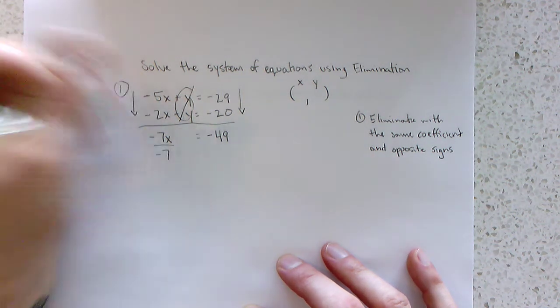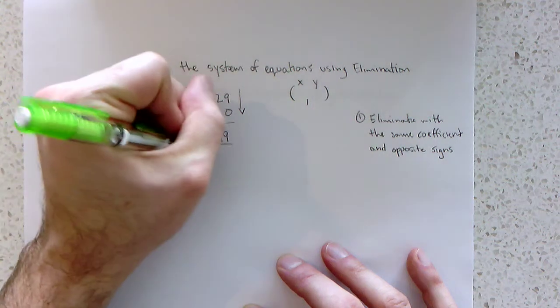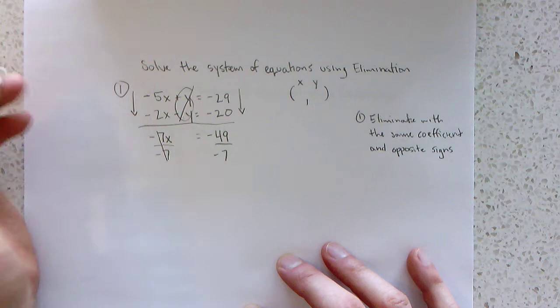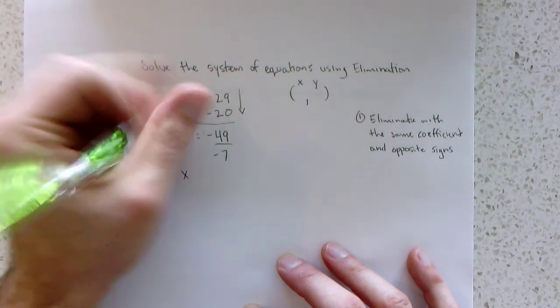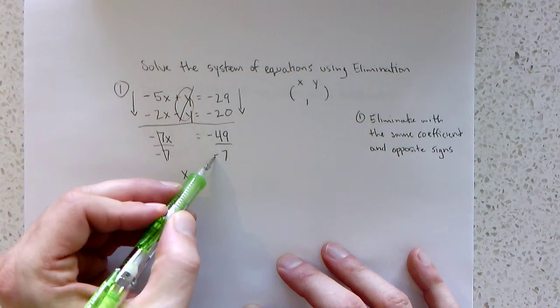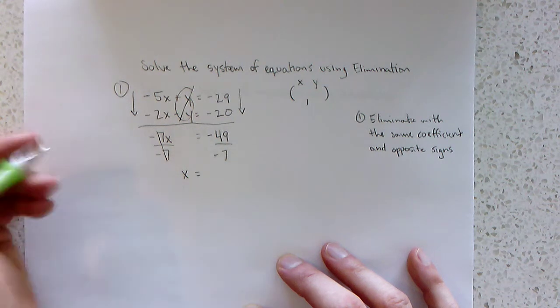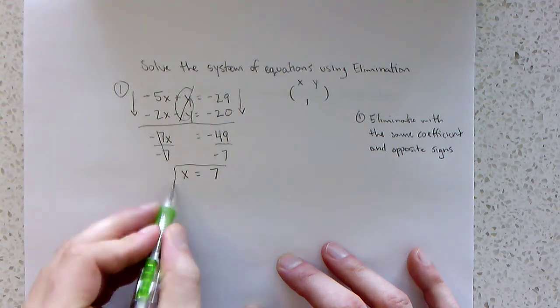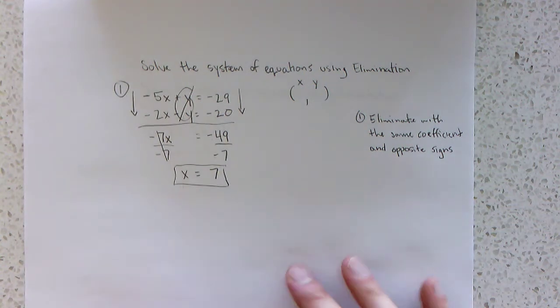So I'm going to divide both sides by negative 7. So these negative 7's reduce to 1, so leave me with just a 1x equals, and then negative 49 divided by negative 7 is going to give me a positive 7. So my x equals 7.